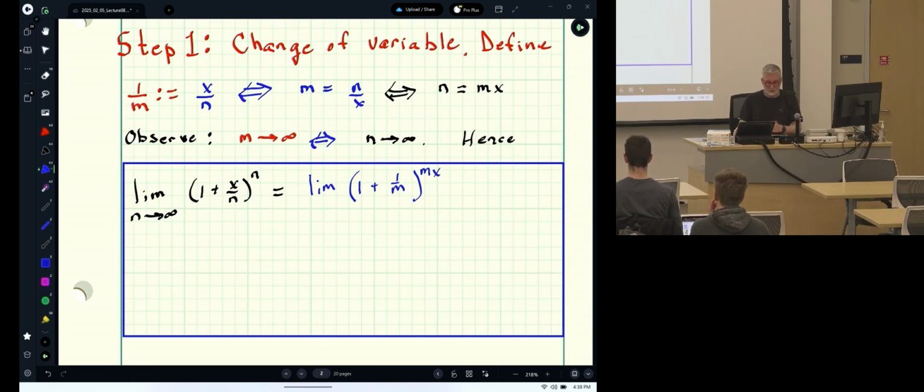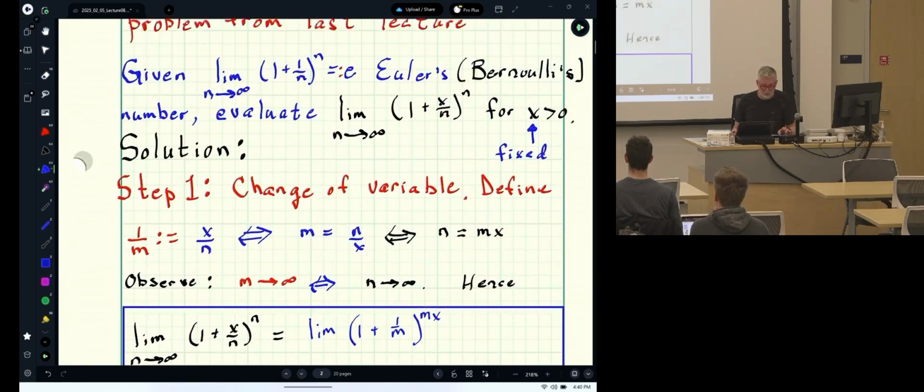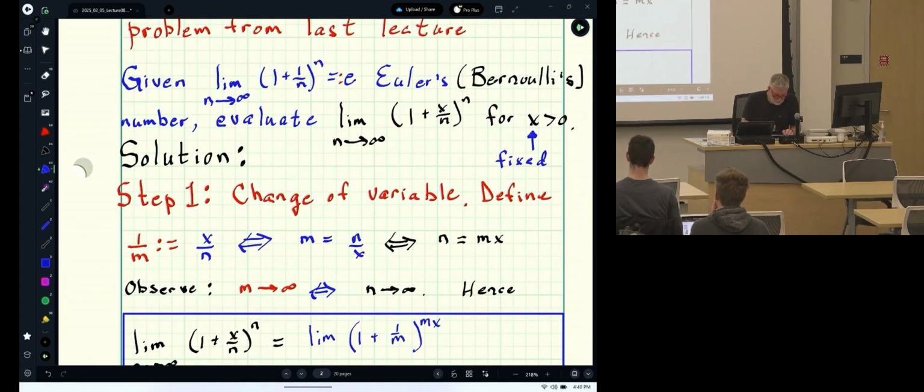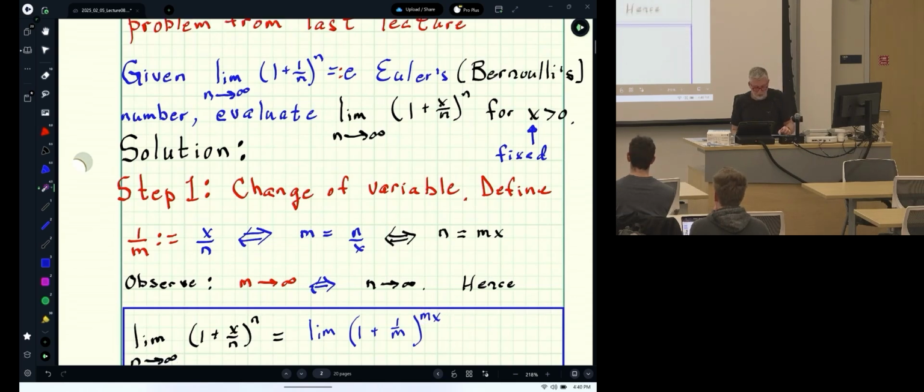Okay, how does that compare to this? Well, it's close. Okay, we got n instead of m. That doesn't change anything. The big thing is m is scaled.